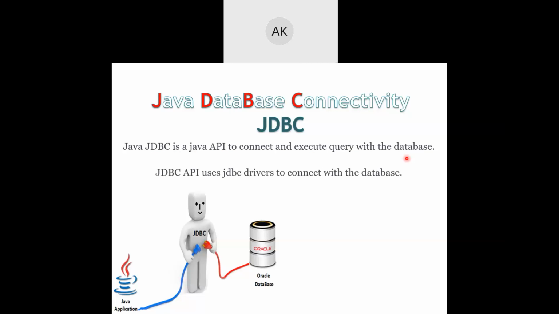Java JDBC API uses JDBC drivers to connect with the database. The word driver sounds a bit odd, right? A driver is usually meant for a car to be driven. Just think of your Java application as a car.